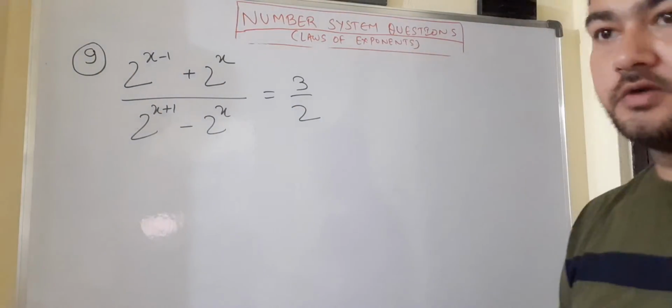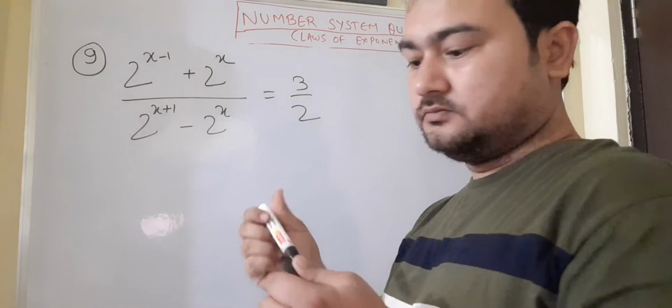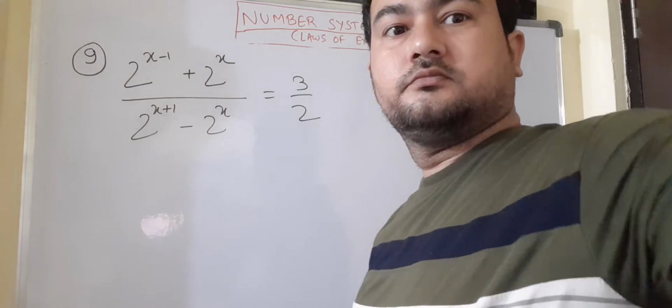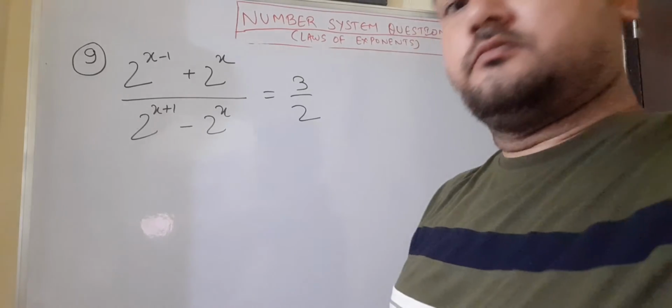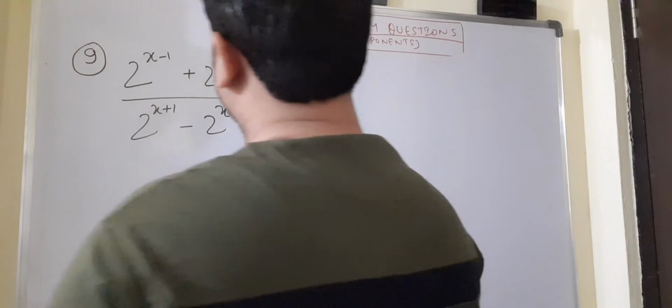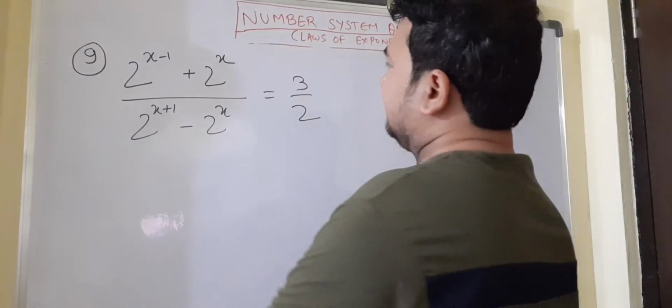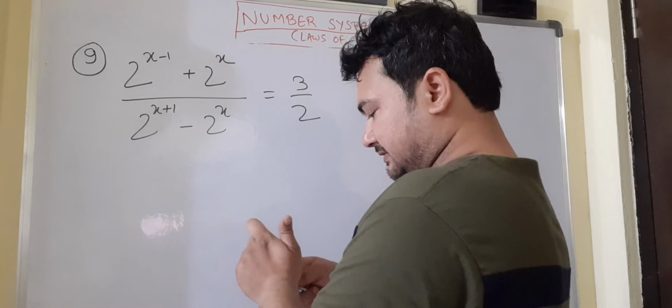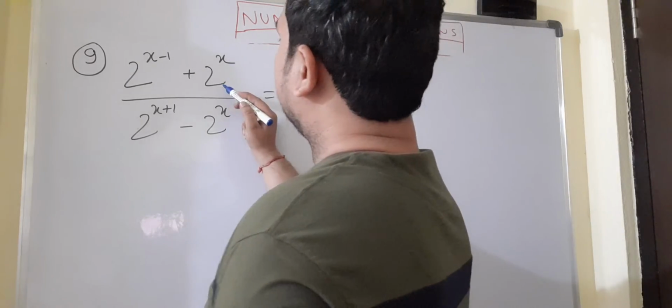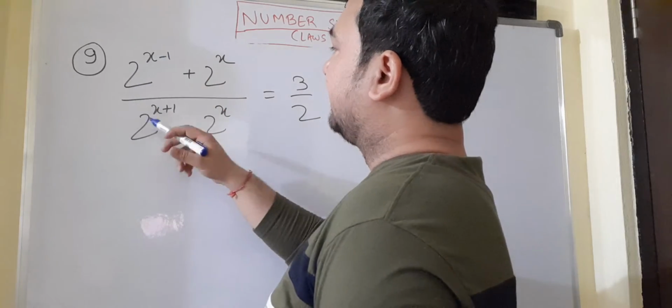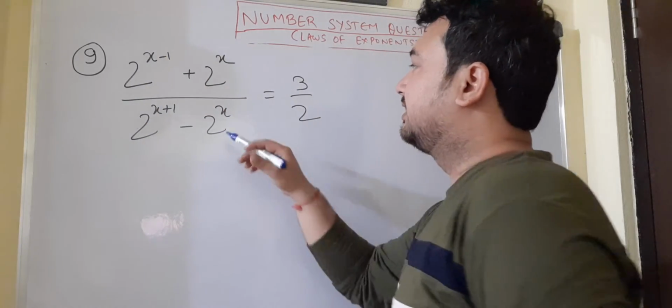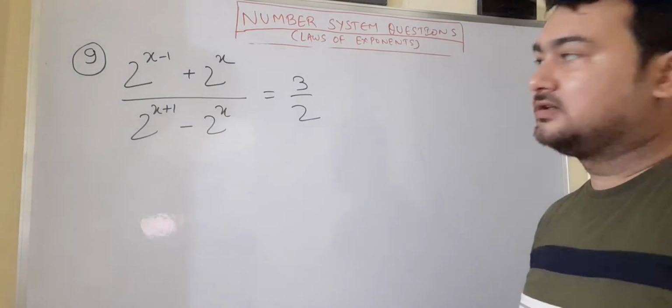You have to solve it. See what you see here. 2 has power of x, 2 has power of x, 2 also, 2 here also has a power of x.